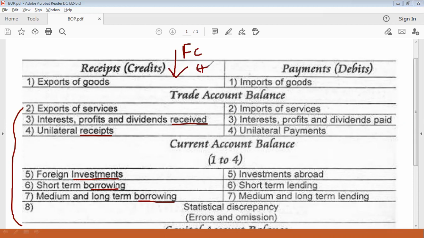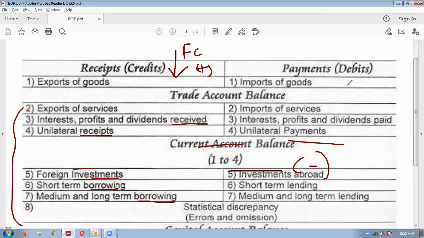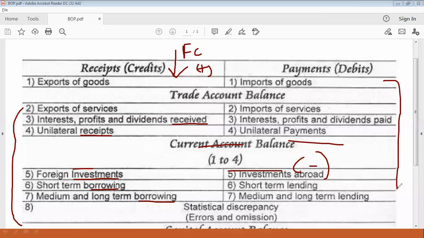Okay. And the other part is the debit transaction, if there is spending of foreign currency, which is a negative item. Okay, because there will be outflow of foreign currency. If you see this debit side, all the items are outgoing items. See, import of goods, then services, then interest, profits, dividends paid, very important, outflow, unilateral payments, investment abroad.